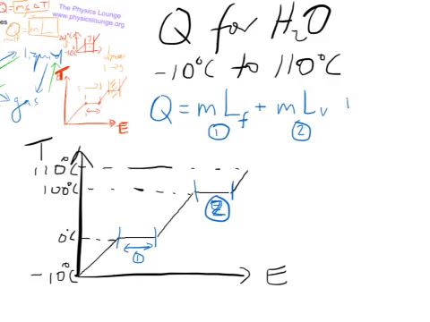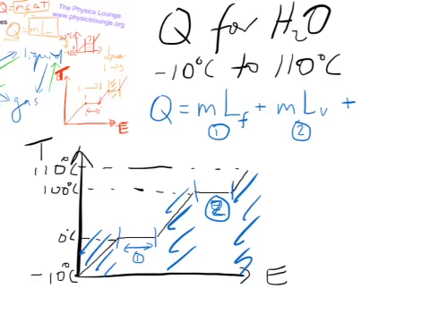And we also have to add to that the overall energy from these sections here, which deals with just the change in temperature. So that's going to be MC, which is the specific heat capacity, times the change in temperature. I'm not going to give you specific numbers. I don't know them off the top of my head, and we'll just fumble it.